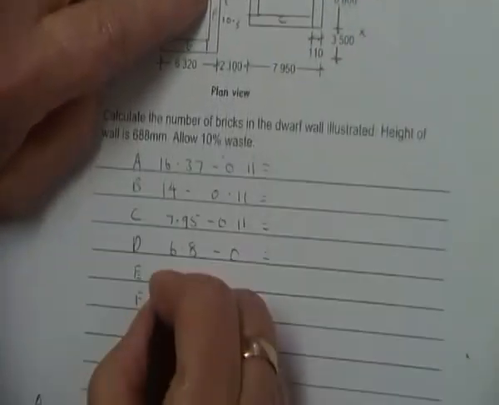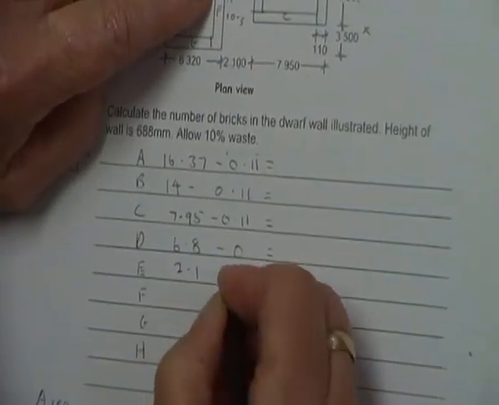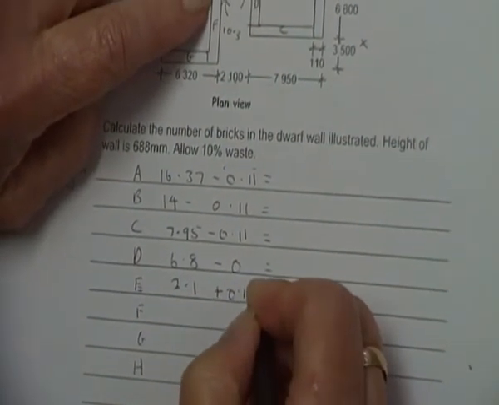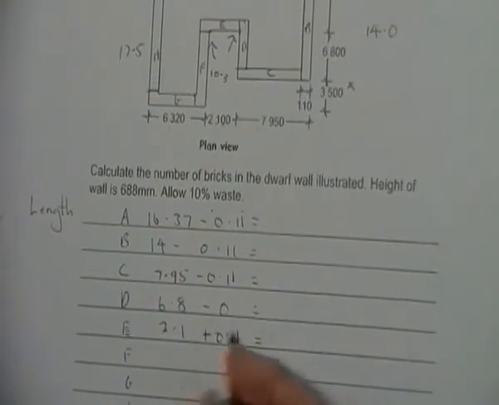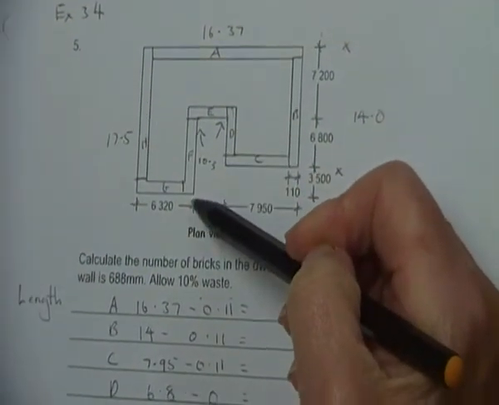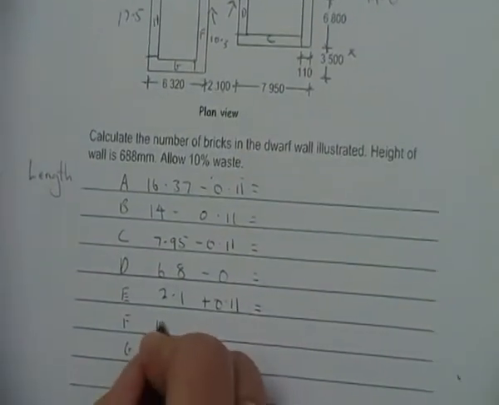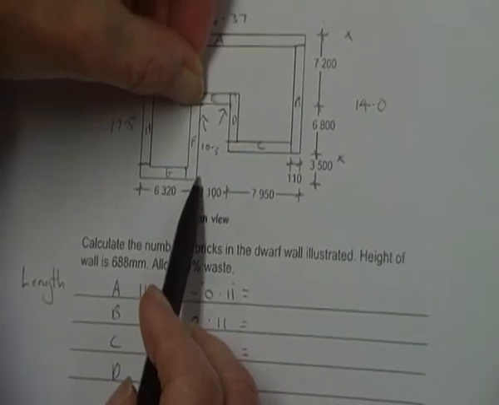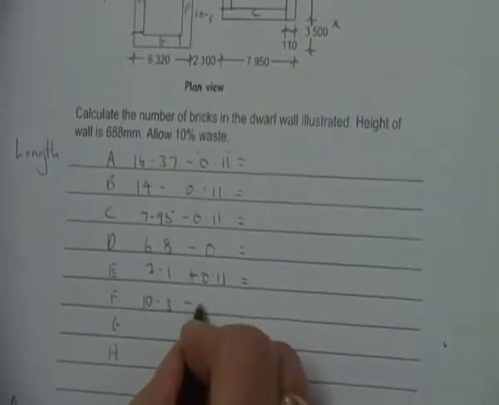So for E, 2.1, I'm going to plus 0.11 because it is a U-shape. Coming down for F is 10.3, but F has not changed at all, so I'm going to be minusing 0.